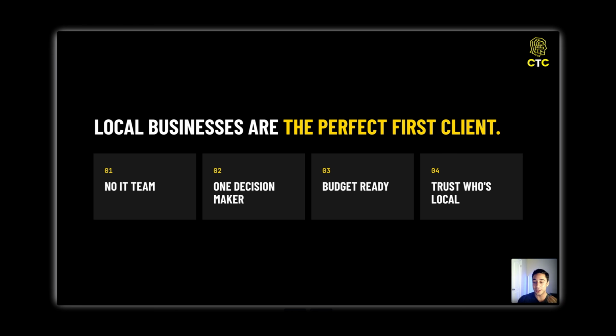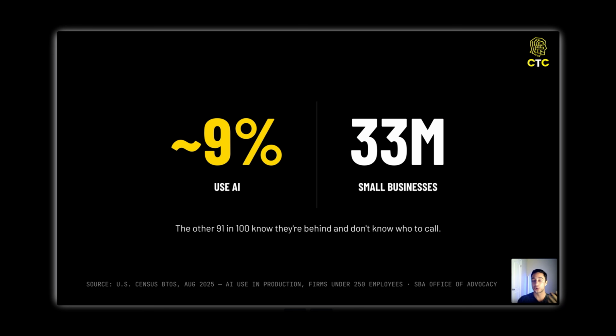So if I bring 2 engineers to a local business, one lives in their same city, one is in some other country, they're going to choose the one in their same city because they have more trust. And another thing to get you to understand the situation at hand, at least in the United States, only 9% of the businesses in the US use AI, and 33 million small businesses exist.